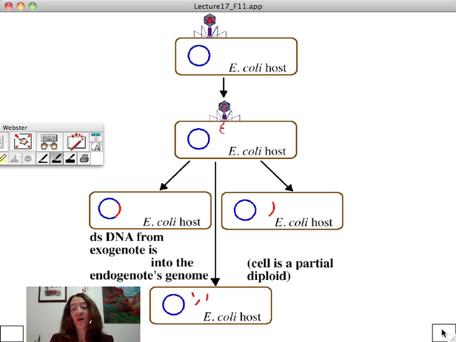So we can get full transduction where the donor DNA is fully integrated into the endogenous genome. The exogenate is integrated fully into the endogenous genome, right? Sometimes this is called complete transduction, and I'll go ahead and note that on the side here: this is complete transduction.